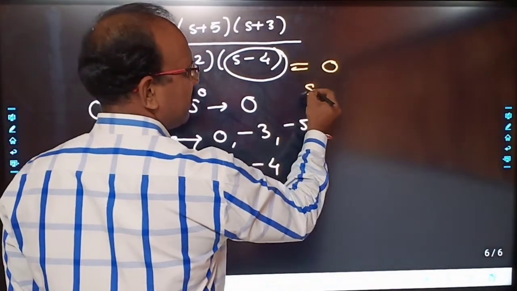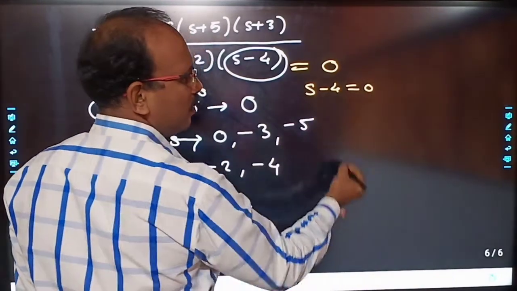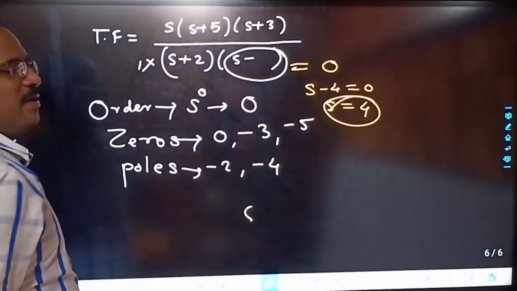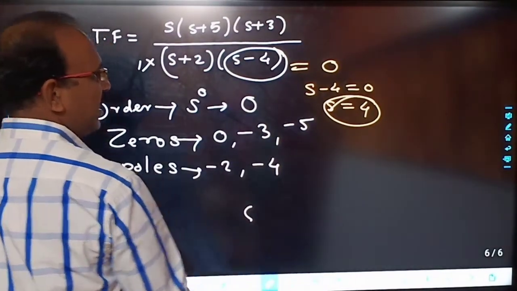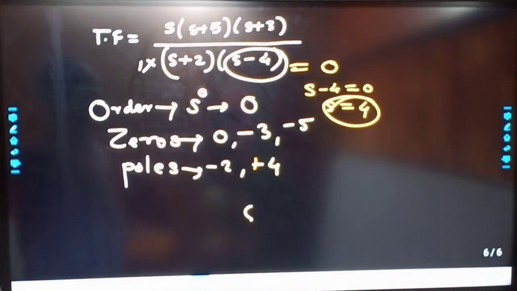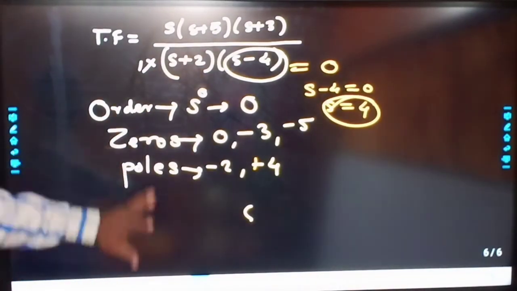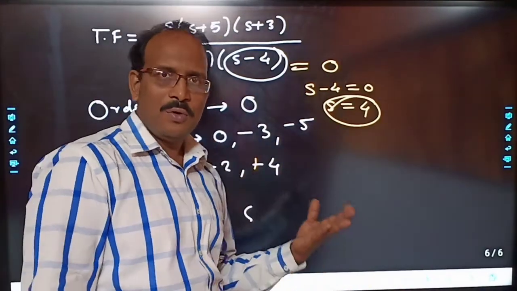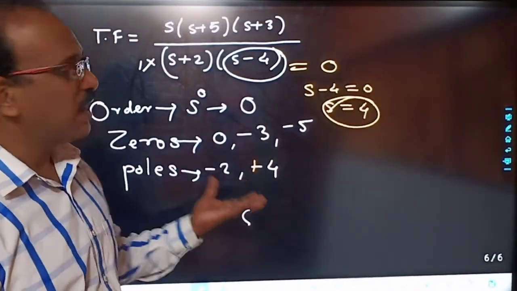So s minus 4 equals 0, s equals 4. So if there is a minus sign, then here it will be plus. So simple it is. Now the thing is, how to present a pole or zero on the graph.